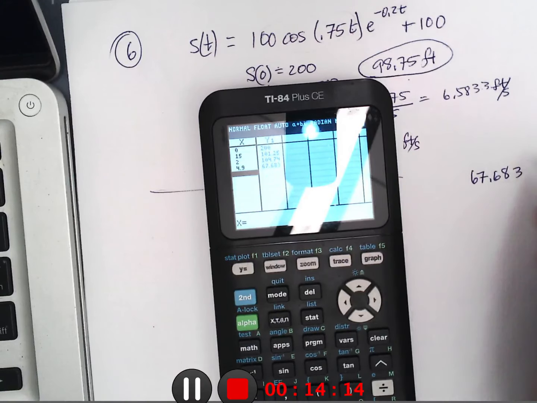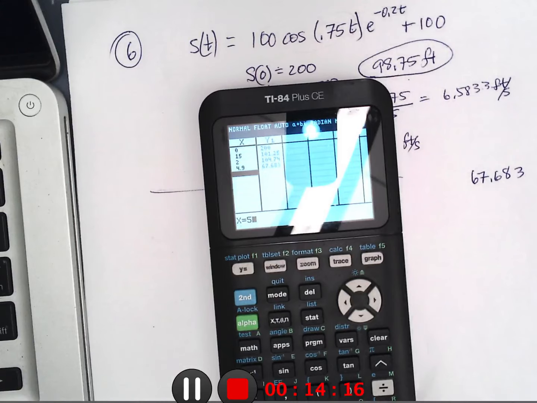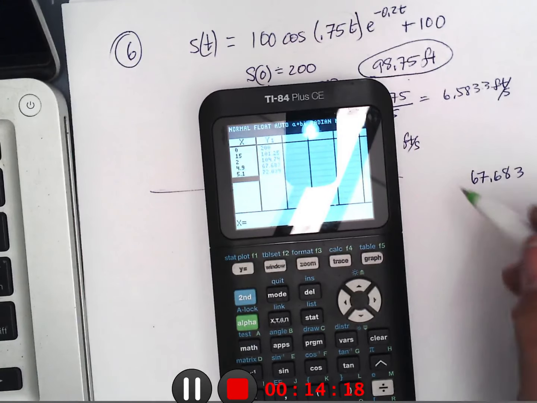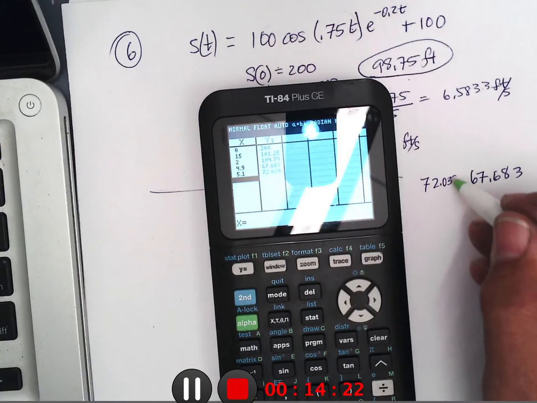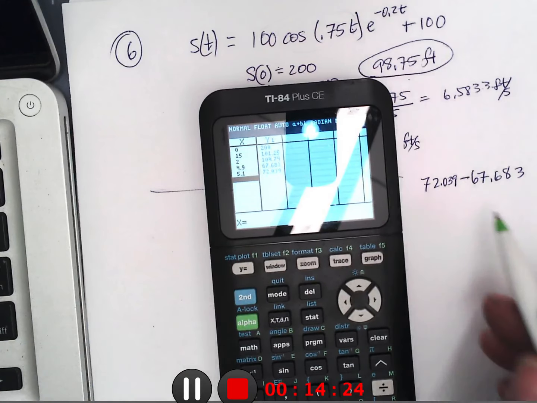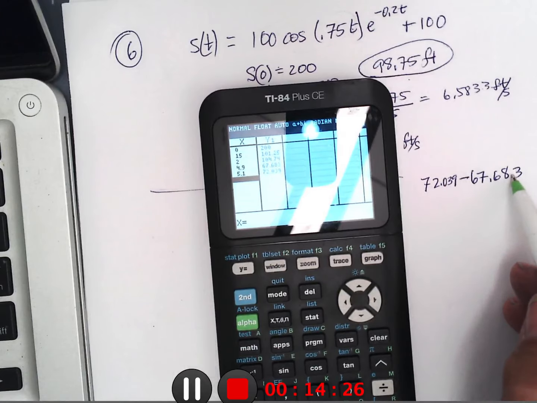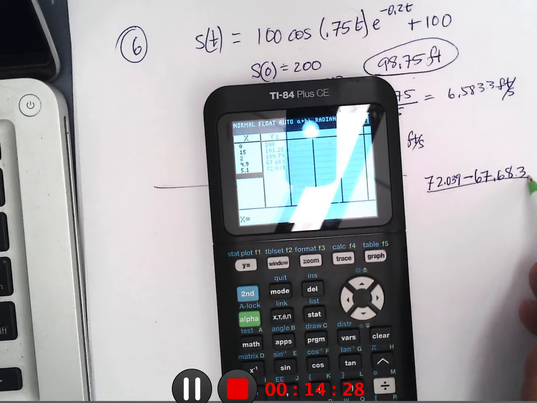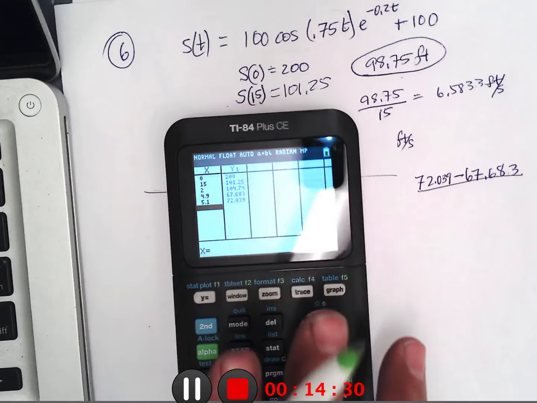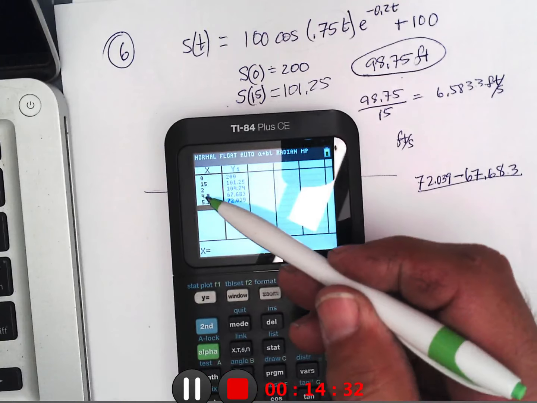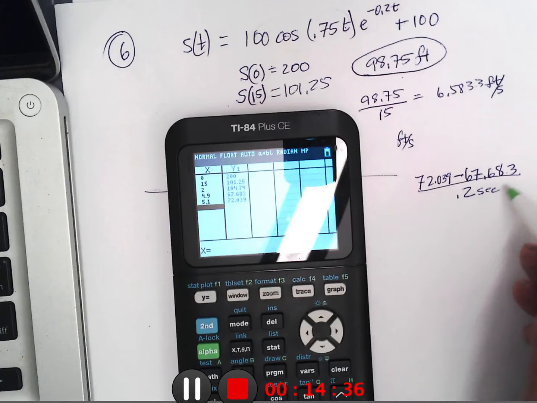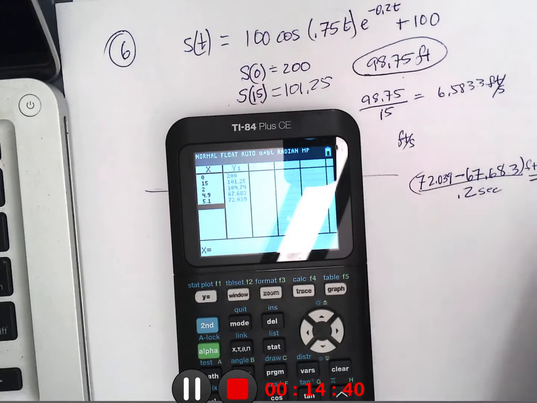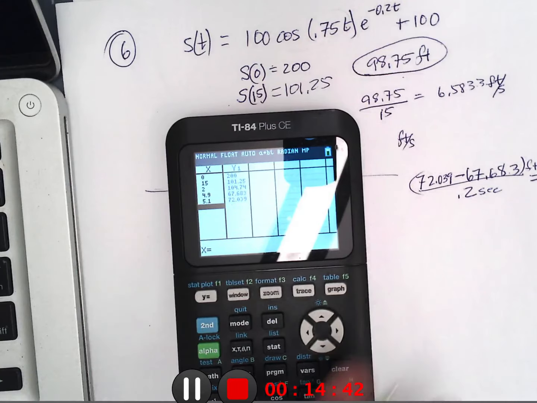And just past it, 5.1, which gives 72.039. So the change in distance would be this minus this, over the change in time between 4.9 and 5.1, which is 0.2 seconds. Calculate that out, and that would be my estimate for the velocity at 5.